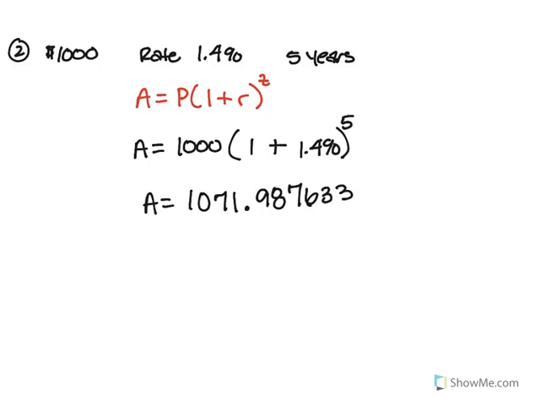So again, 2 decimals means that I have to look at the third to tell me what to do with the second. So how do we round? Does it go up or does it stay at 8? Go up. Good. So your value is $1,071.99. Good.